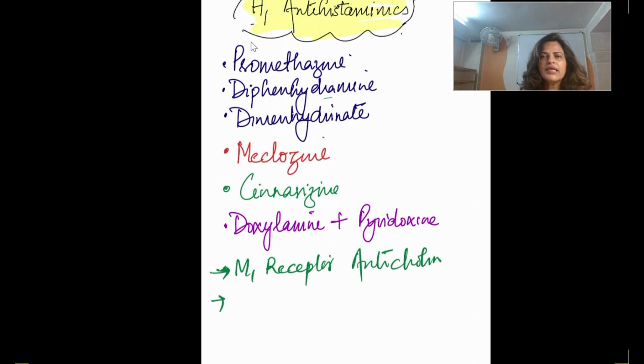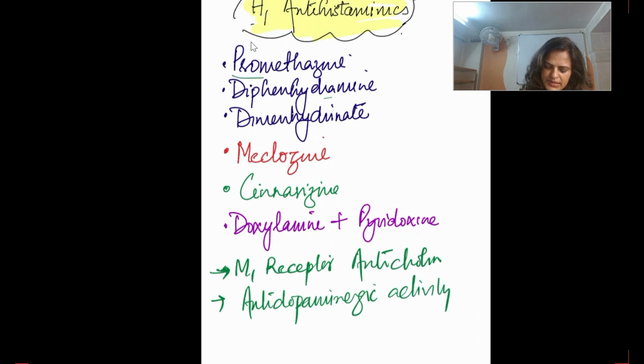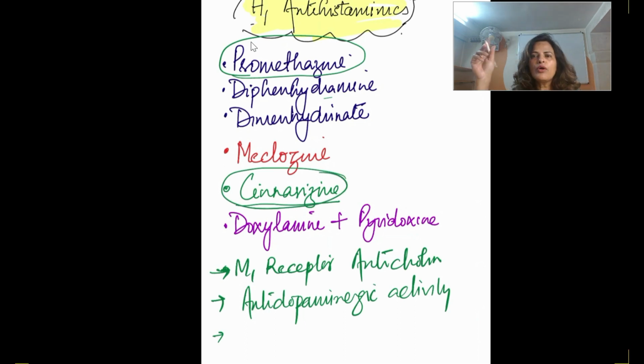Another one is that they have weak antidopaminergic activity, especially promethazine. Then cinnarizine also blocks the calcium influx from the endolymph into the vestibular sensory cells, which mainly mediate the labyrinth reflexes. So they are going to block that also.